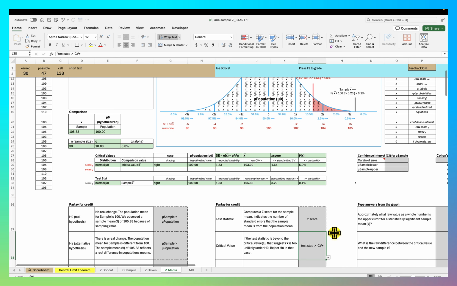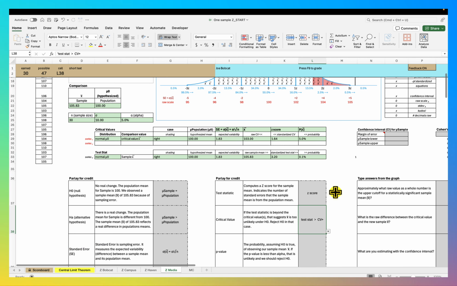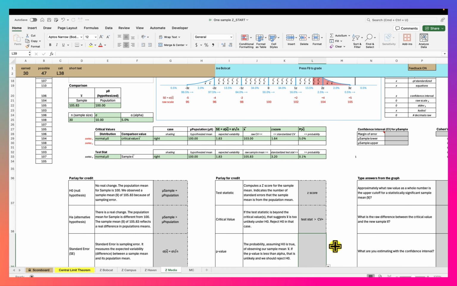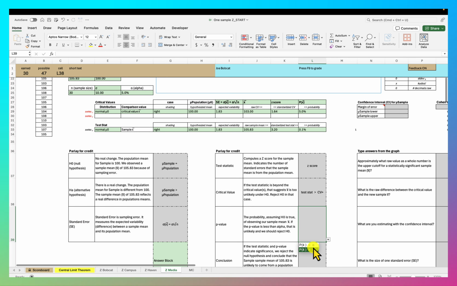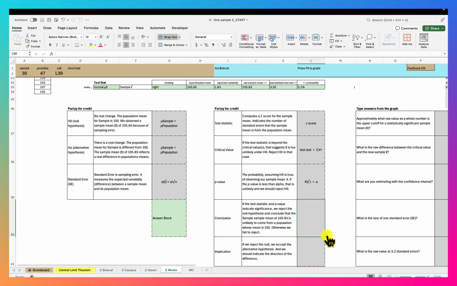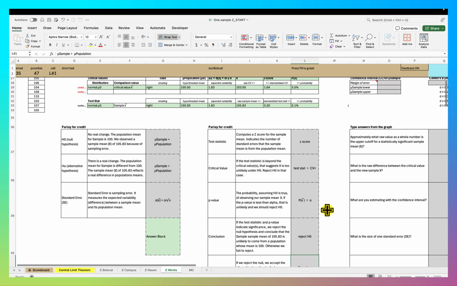And our p-value of that is 0.1%, so that's less than 5%. So we need to say that too. Less than alpha. And the conclusion is that we're going to reject H0. We think it's more than sampling error, and we think that we're bigger.